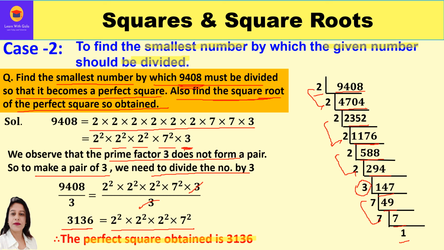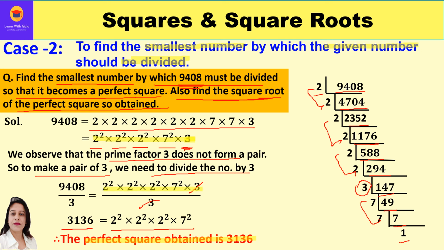So basically what we did over here was, a number was given to us, 9408. We found the factors. We started grouping them into pairs, and we found that 3 is left unpaired. When 3 is left unpaired, this is the number by which these factors can be divided so that we get a perfect square number.